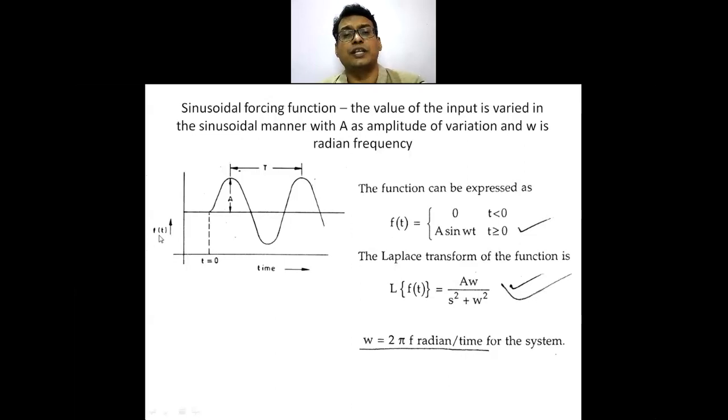The function f(t) is varying with respect to time, and it is varying sinusoidally. It increases and decreases, but its amplitude is fixed. The amplitude of increase and the amplitude of decrease are fixed as A. And T is the time period.